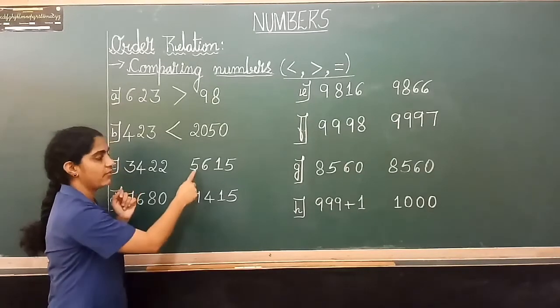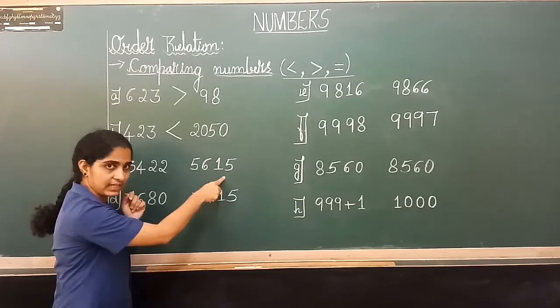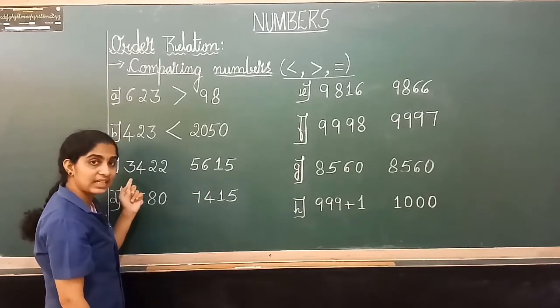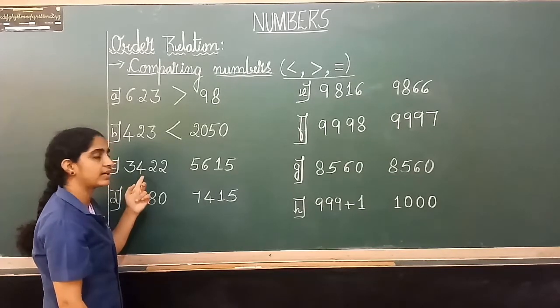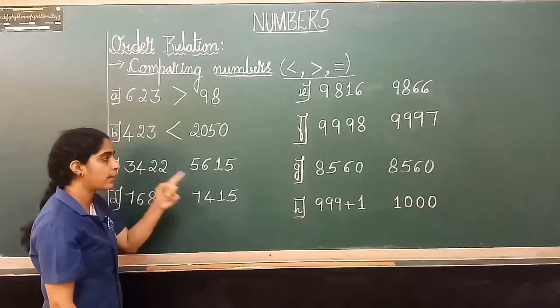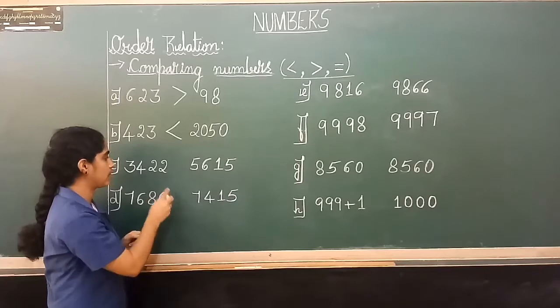That means 5615 is greater compared to 3422. We have to show the comparison using the symbol. So let's put the symbol.